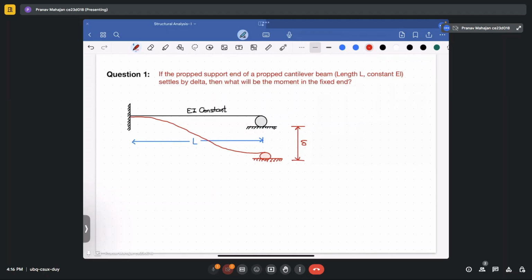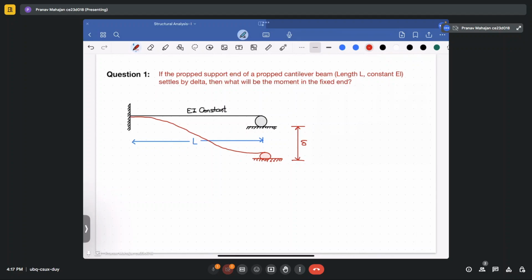Now it is asking you to determine what will be the moment at the fixed end. So as the corresponding support has settled by delta, we have to calculate what will be the moment generated due to the settlement.